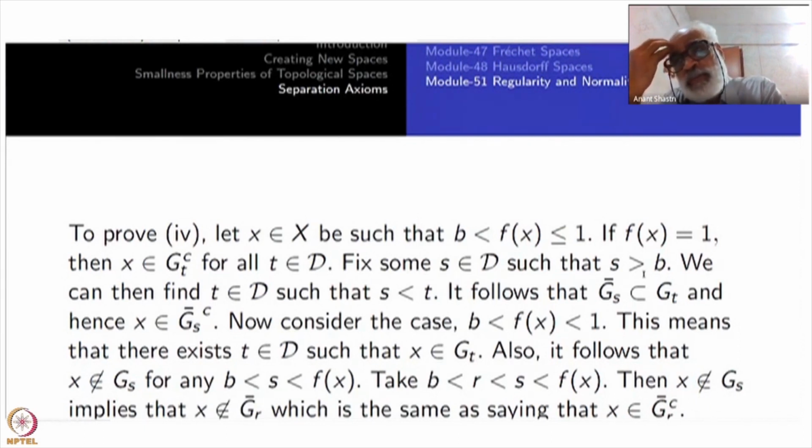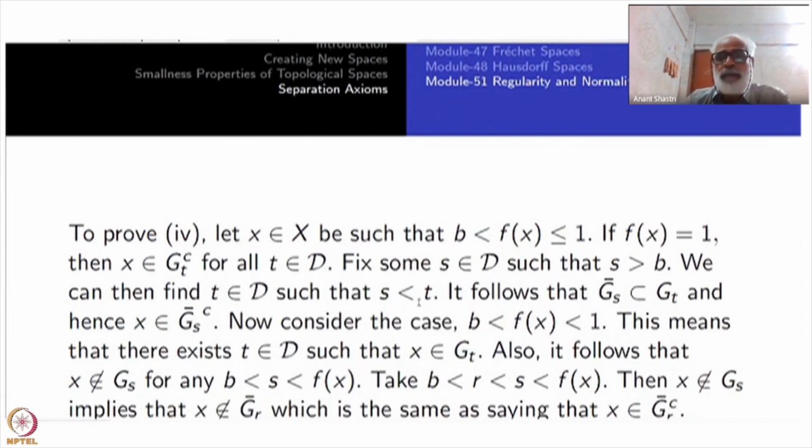So this is where I am using the fact that the dyadic rationals are dense. So we can find a t belonging to D such that this s is less than t. I have chosen b less than s less than 1. So between s and 1, I can choose another t.